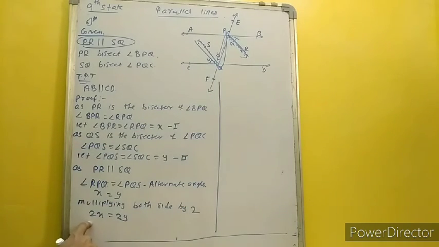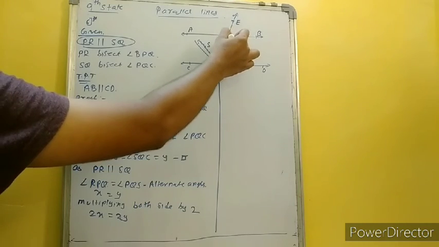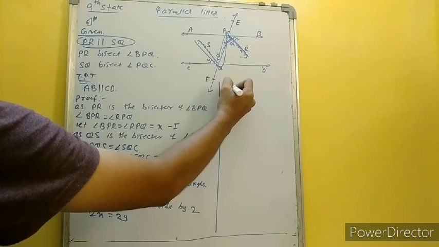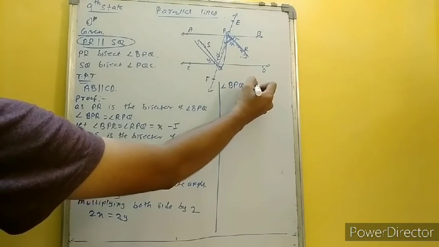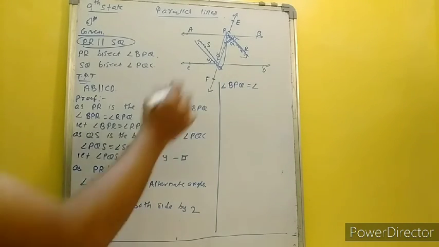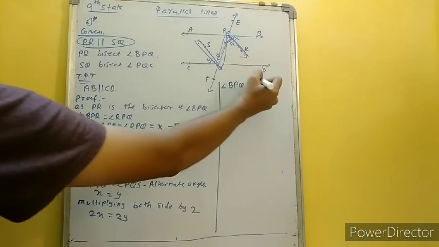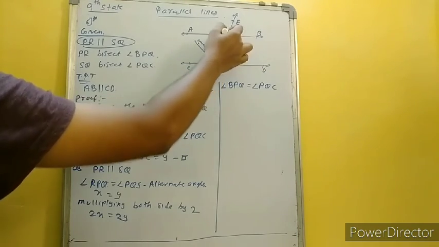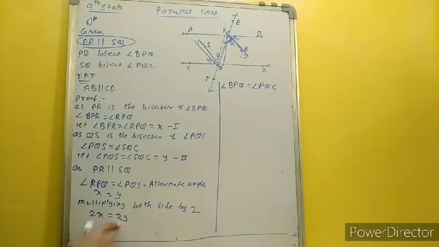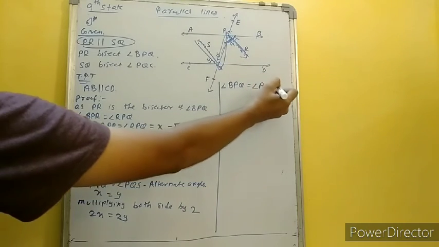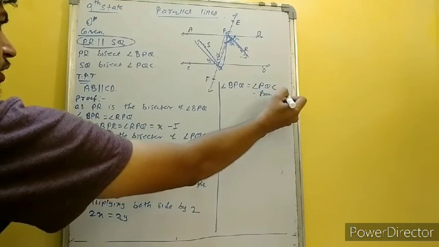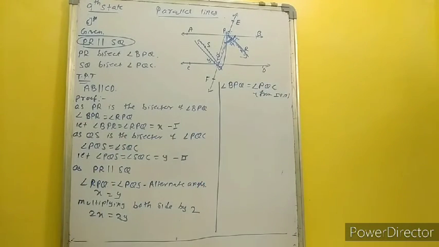So what is 2X over here? 2X can be written as BPQ, and 2Y can be written as PQC. See, this was X, so 2X will be BPQ and 2Y will be PQC. Okay, from 1 and 2. I substituted the X part and Y part as 1 and 2.